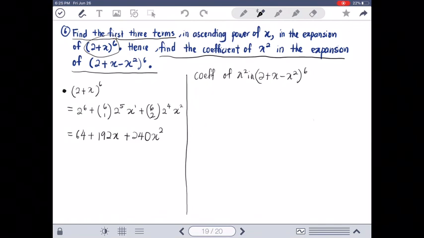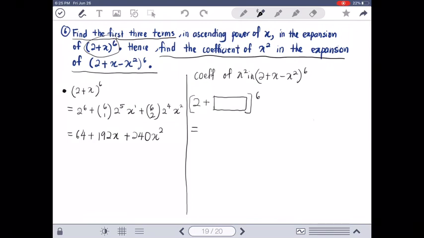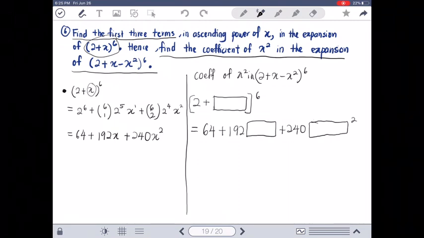If you notice, if we expand 2 plus something to the power of 6, since that something is x, we will get 64 plus 192 something plus 240 something squared.